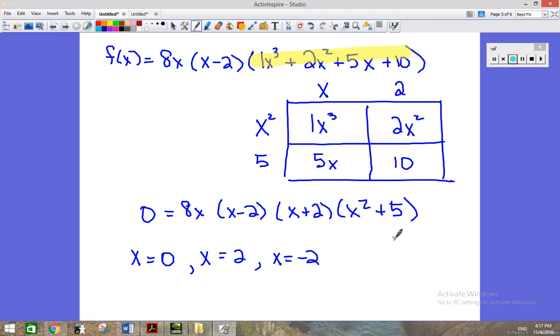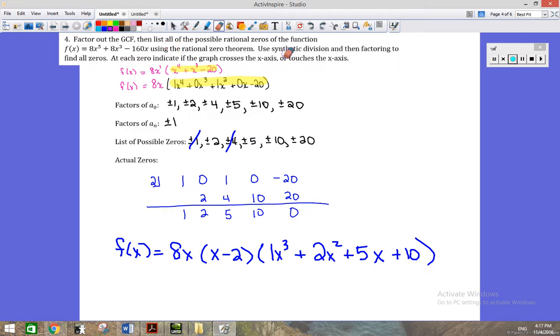But right here, x squared plus 5 equals 0 has complex numbers as solutions, and we're not working in the set of complex numbers. We're not saying to take plus or minus i times the square root of 5. Now, those are considered zeros of the function. They're complex, and they do contribute towards adding up to that original.